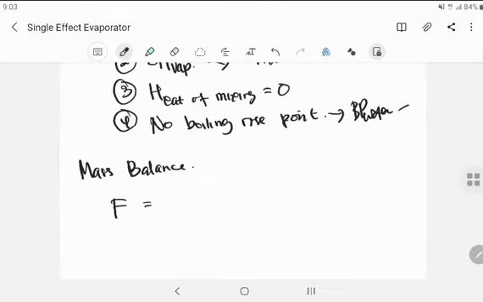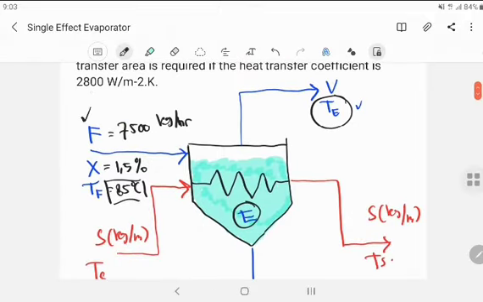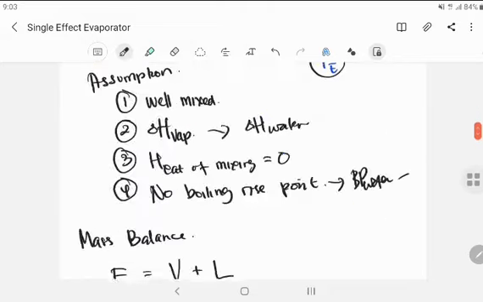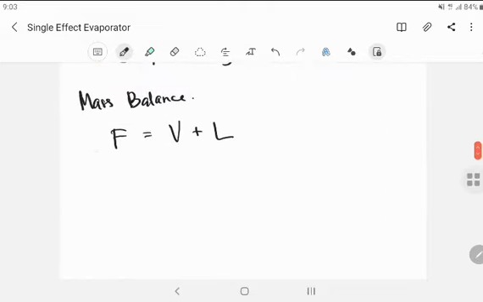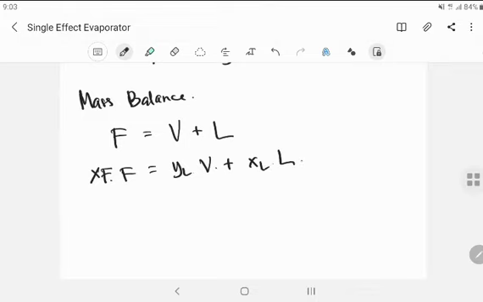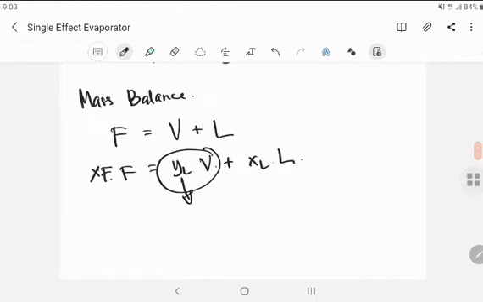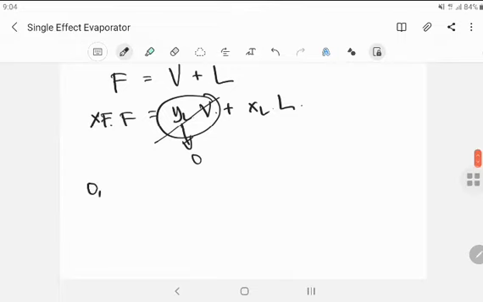F will be equal to V plus L. And then for the component mass balance, XF times F will be equal to YL V plus XL L. Since the outlet at the top of the evaporator is a pure solvent, the fraction of salt is 0, so we can eliminate this one.